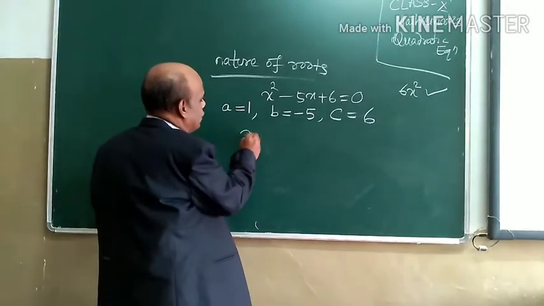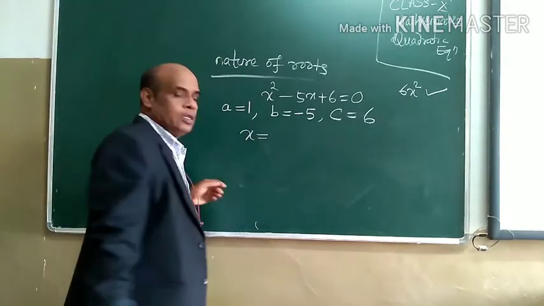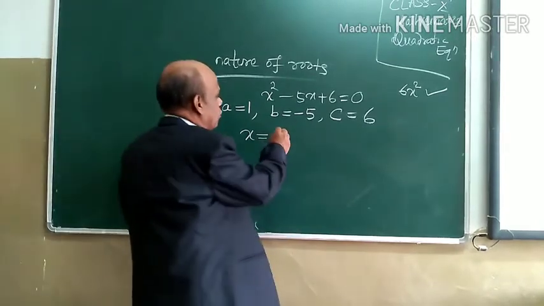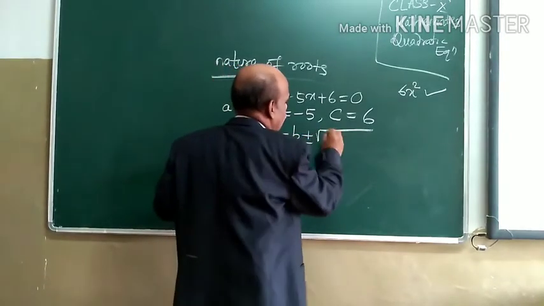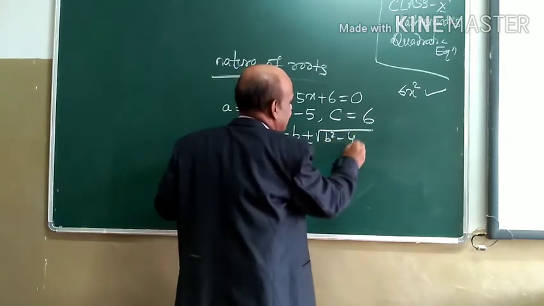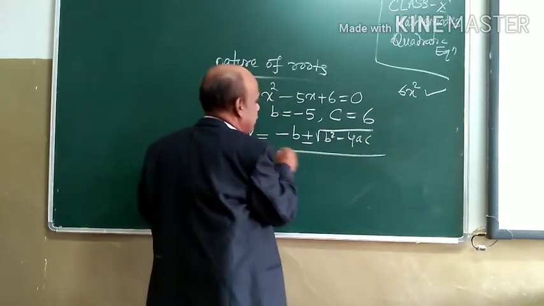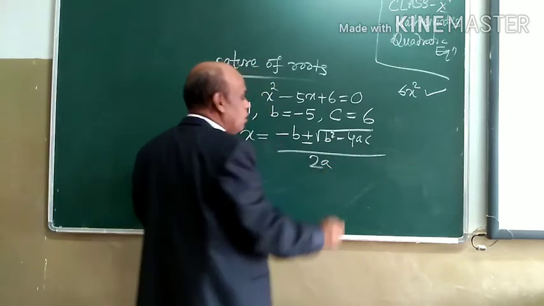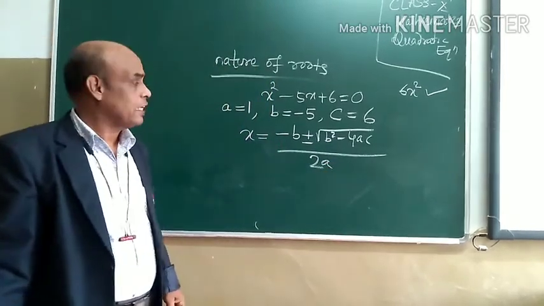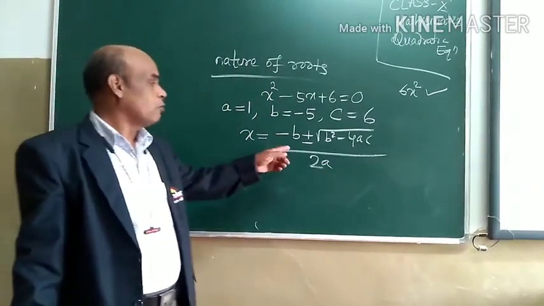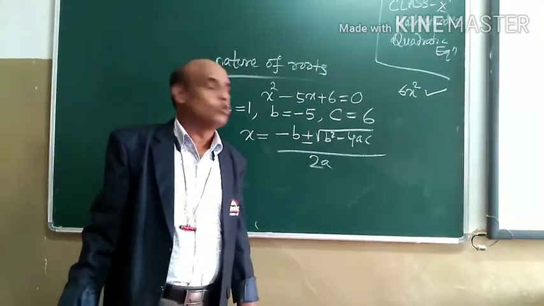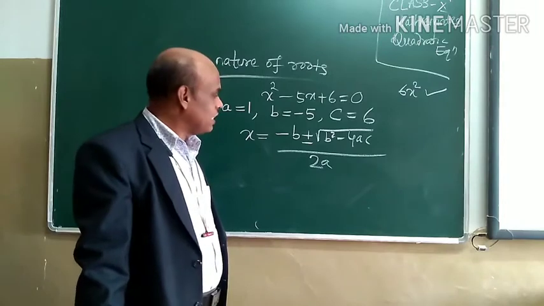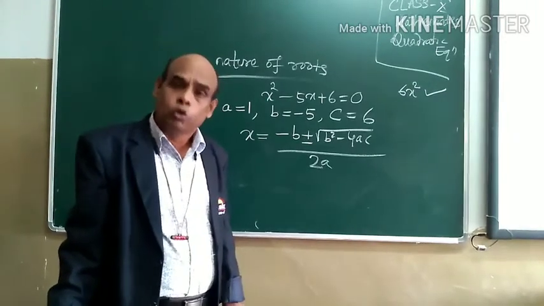That formula we have already discussed: x = (−b ± √(b² − 4ac)) / 2a. This is the quadratic formula to get the solution.